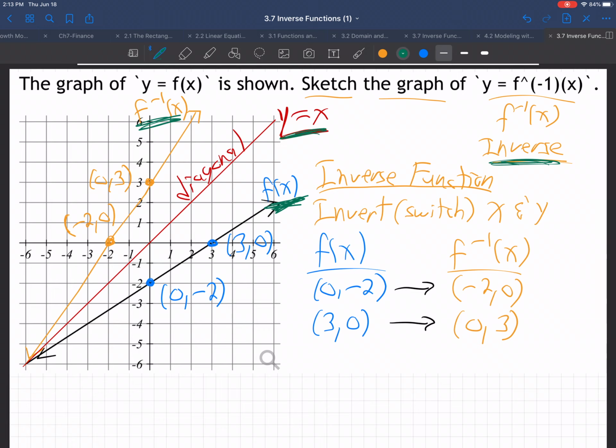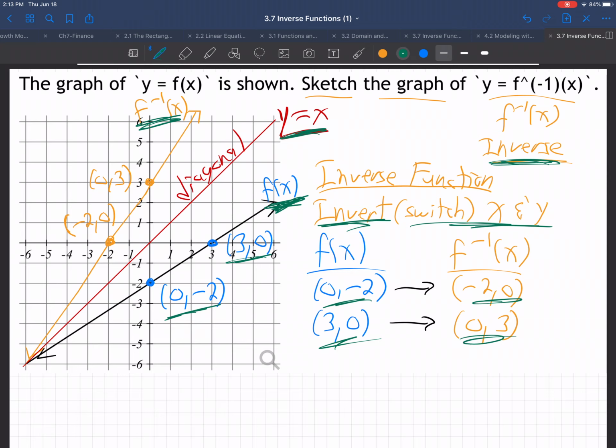Why? Because that line is where y values and x values are exactly equal. So an inverse function, where we're inverting x and y, will be on the exact opposite side of the line. An inverse function is always a mere reflection across that diagonal line. It always works that way. And all we had to do was start with 2 points and flip them both.